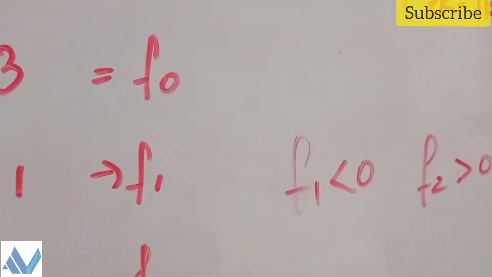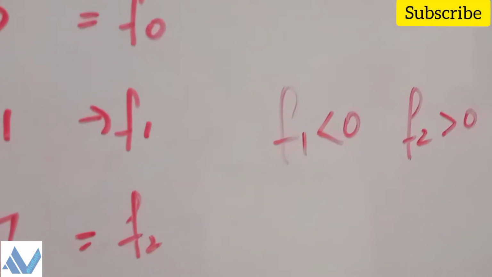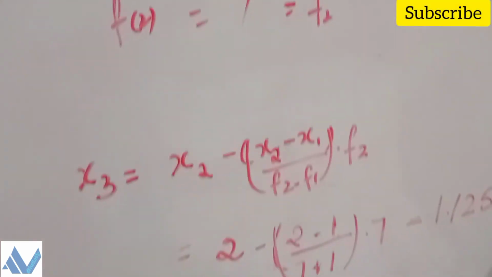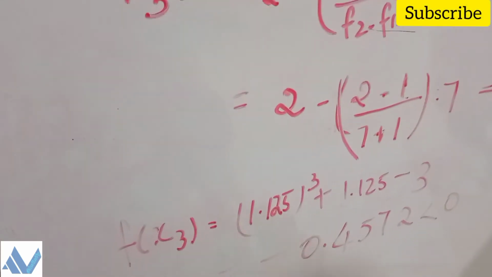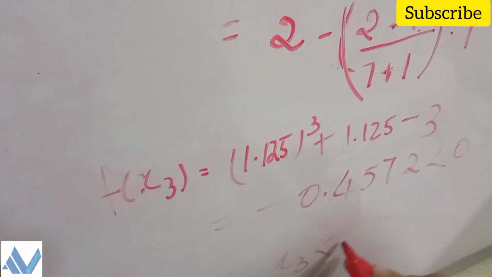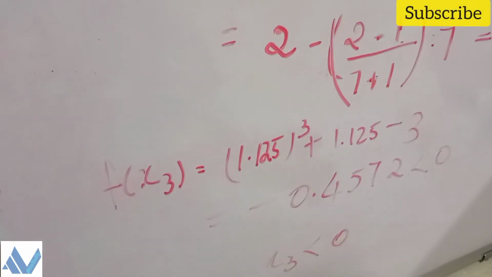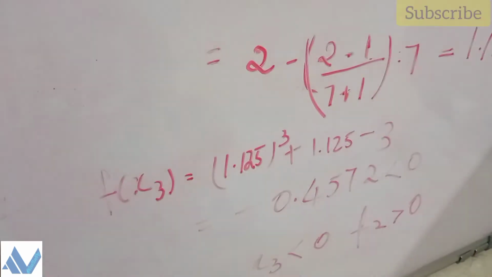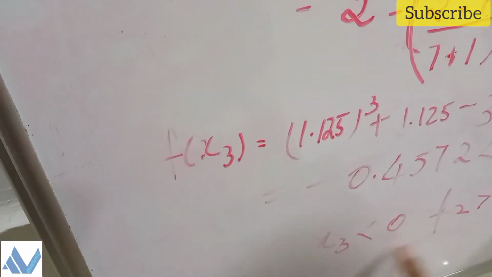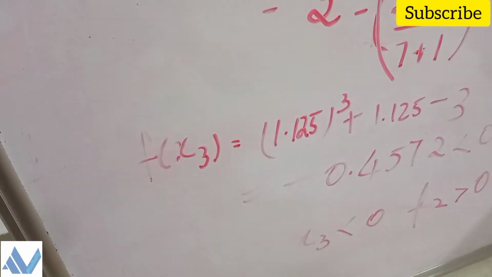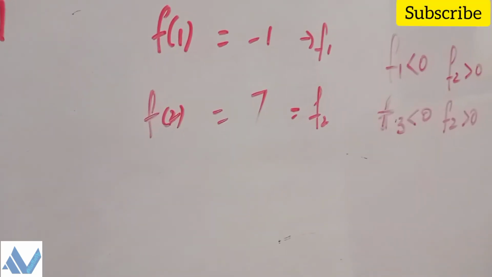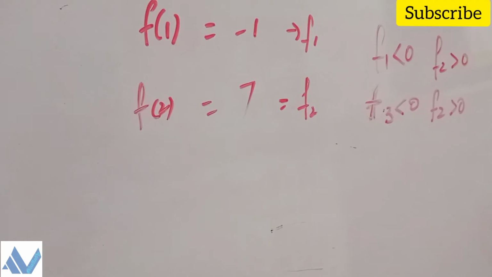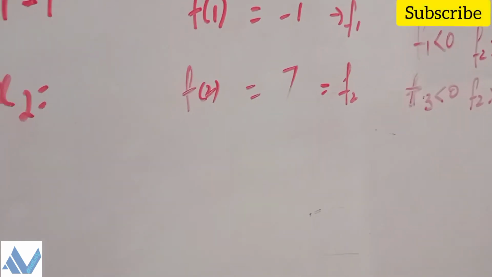So we have f1 less than 0 and f2 less than 0. So now it changes. It becomes f3 is less than 0 and f2 is greater than 0. So seeing these two, you have to write the formula accordingly. Now we write the formula.